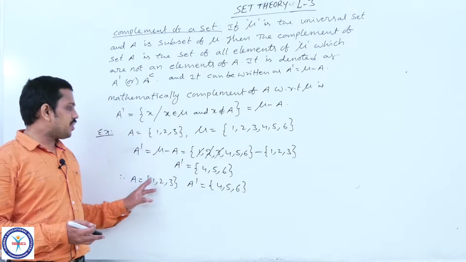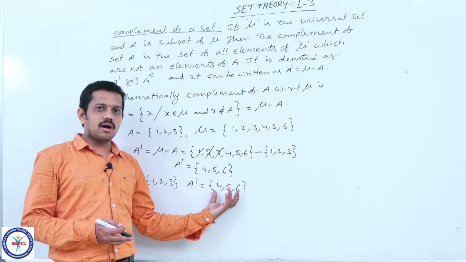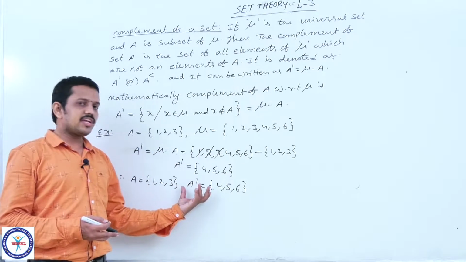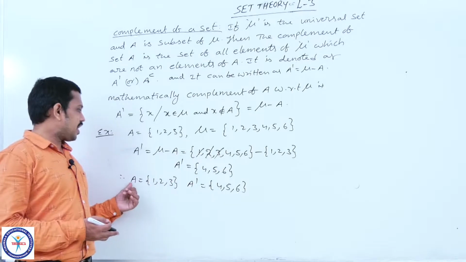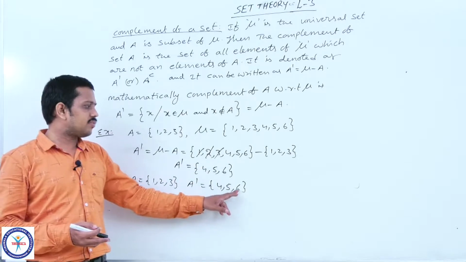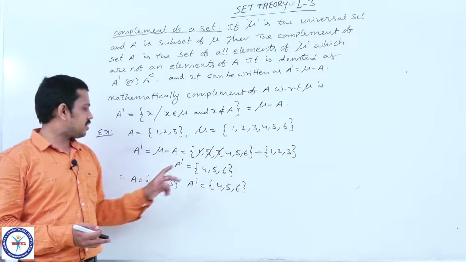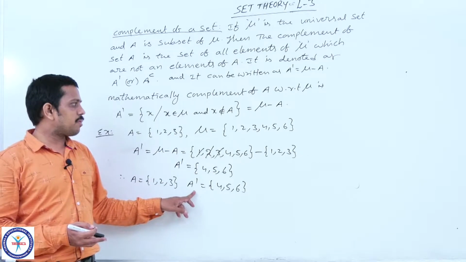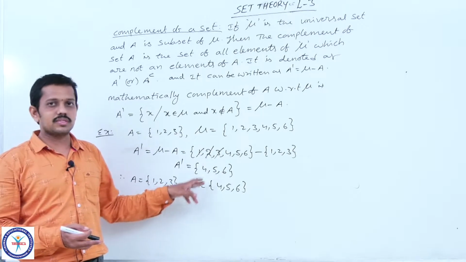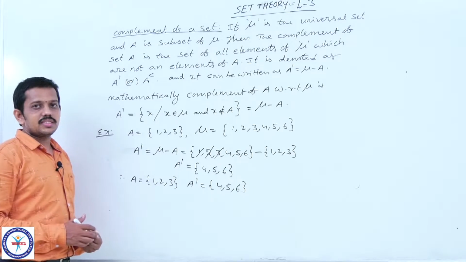Then A union A complement is all elements in set A and all elements in set B, which are common to both. But here there are no common elements. Therefore, A union A complement is equal to 1, 2, 3, 4, 5, 6, which is equal to the universal set. Means A union A complement gives the universal set, A intersection A complement gives the null set, and A, A complement are disjoint sets.